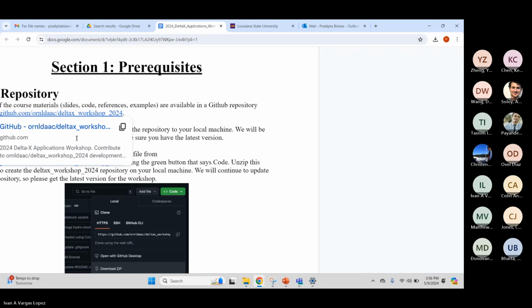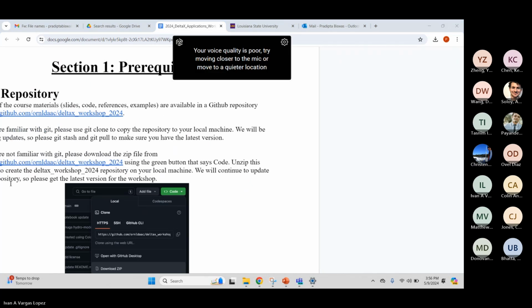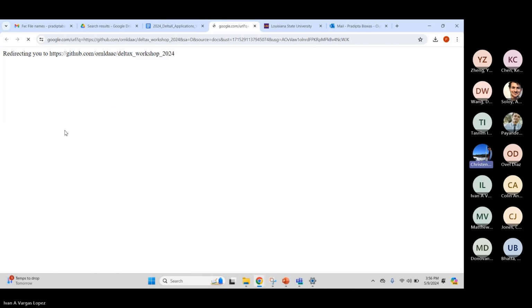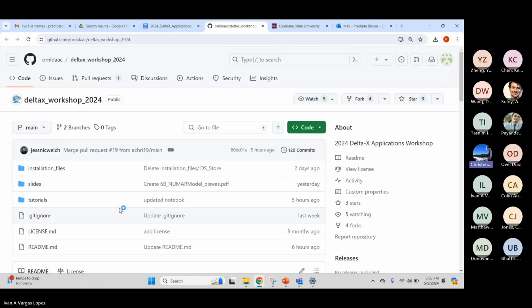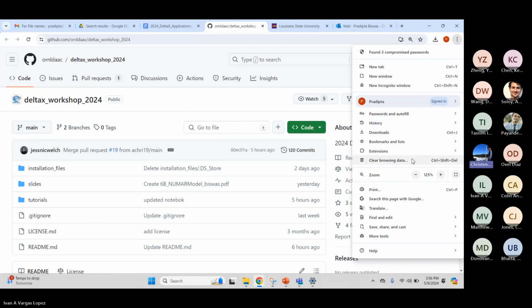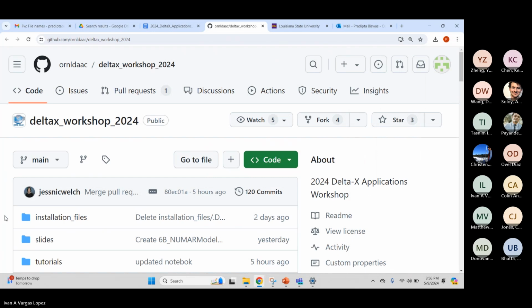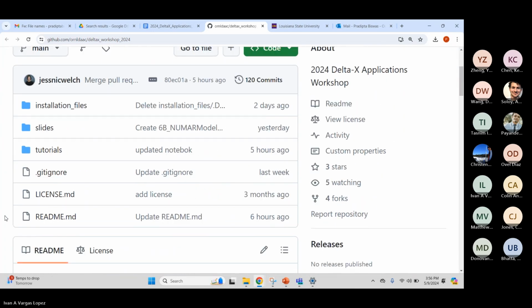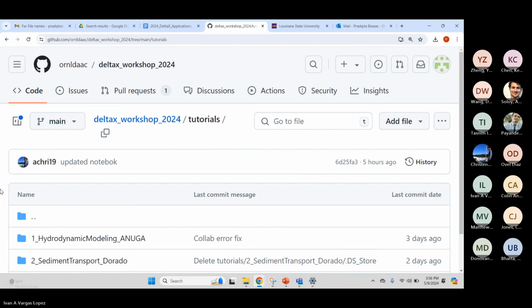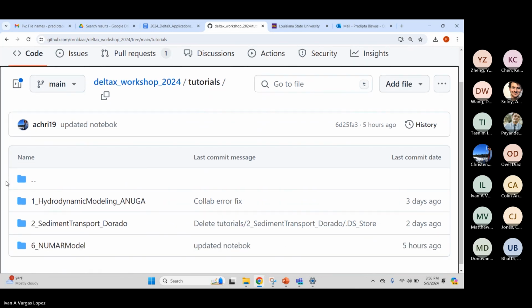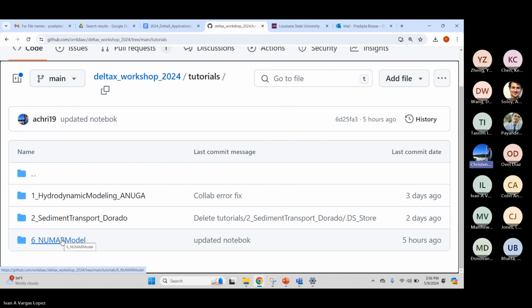From the GitHub page, you can just see the instruction manual and go to the GitHub page. You have to go inside the tutorials, then the NUMAR model.